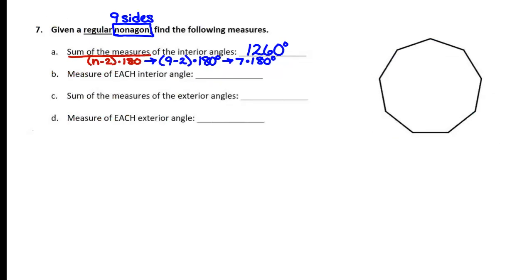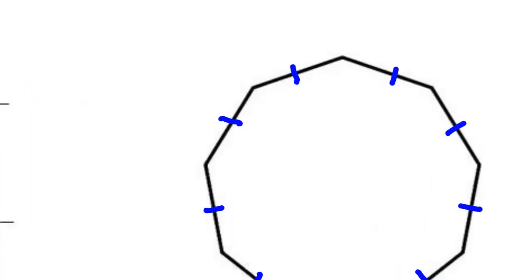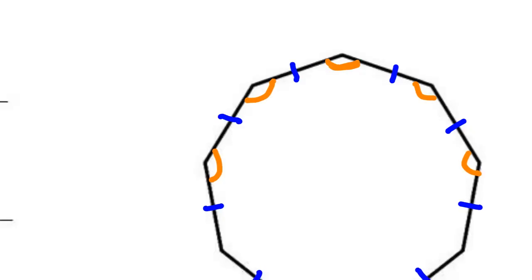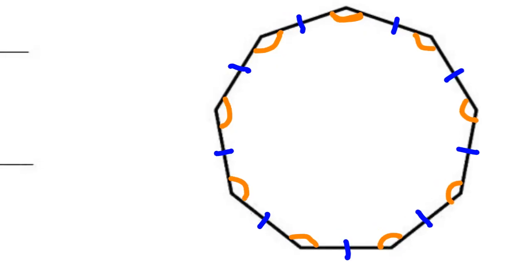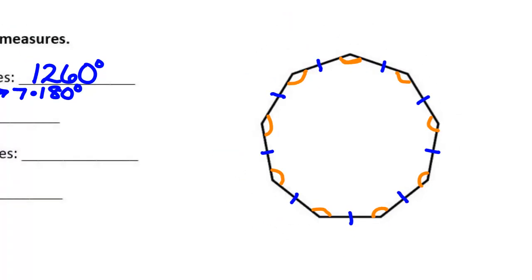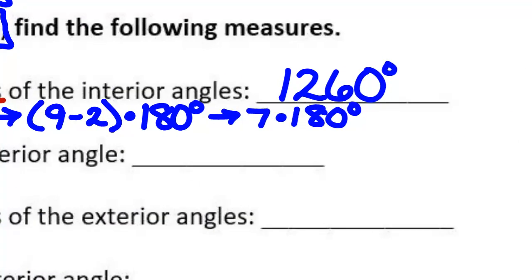Because this is a regular nonagon, all of my sides are congruent, and all of these angles are congruent. If all of the angles added together add up to 1260, how would I find the measurement of just one of those interior angles? What would we divide it by? By 9. We'd divide it by the number of angles there are.